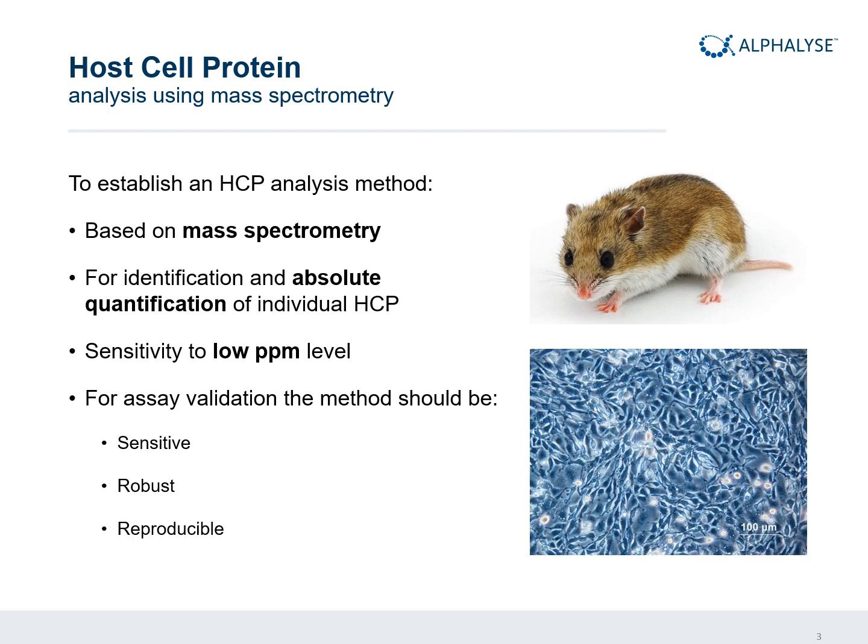If we run the same sample, we should get the same data. And it should be possible for our clients to actually compare results they got a year ago with the results they will get today. Otherwise, it wouldn't make sense to use it to monitor host cell proteins.